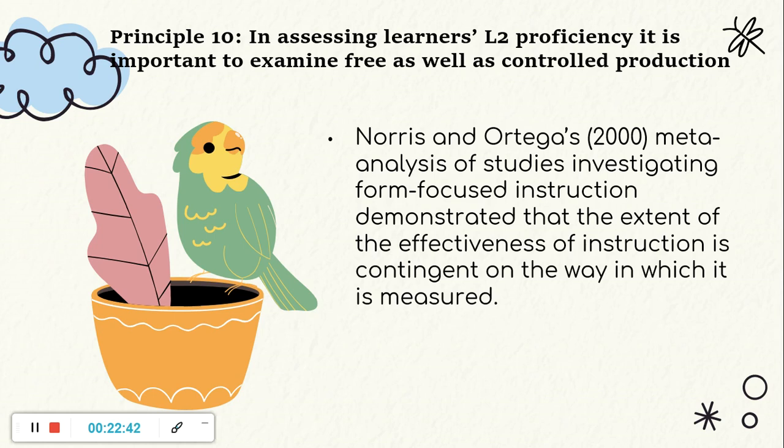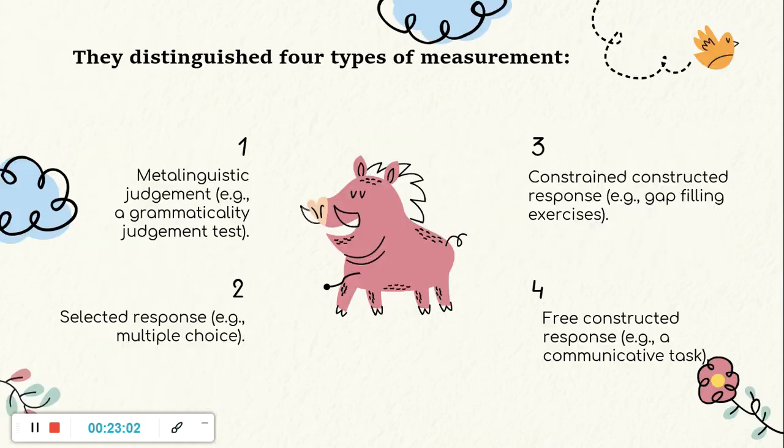According to Norris and Ortega, 2000, a meta-analysis of studies investigating form-focused instruction demonstrated that the extent of the effectiveness of instruction is contingent on the way in which it is measured. They distinguished four types of measurements.